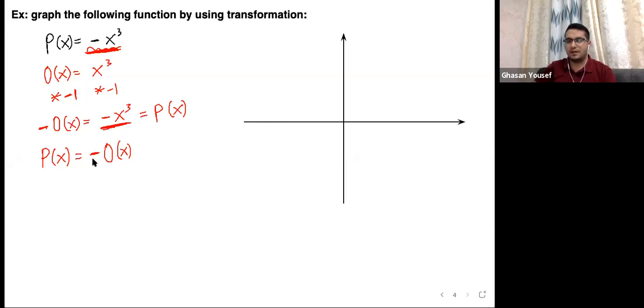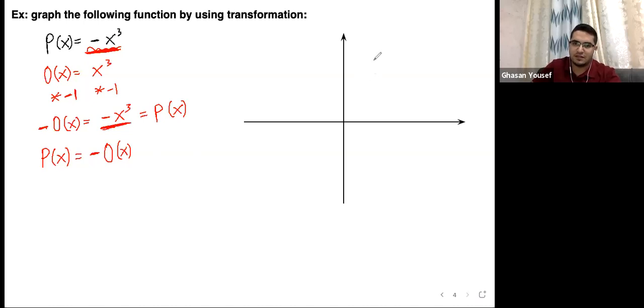Sometimes we multiply the minus inside the function, I mean inside the parentheses, and sometimes outside. Yes, Jolene, this is correct. Thank you. So we have to reflect the original function around the x-axis. When we multiply the original function by -1, the minus is outside the original function, which means we have to graph the original function, then reflect it around the x-axis because the minus is outside the function.